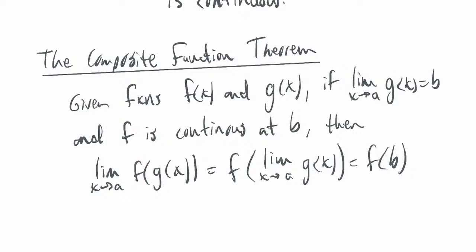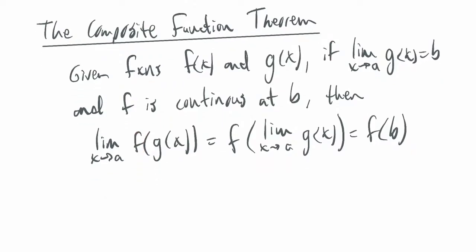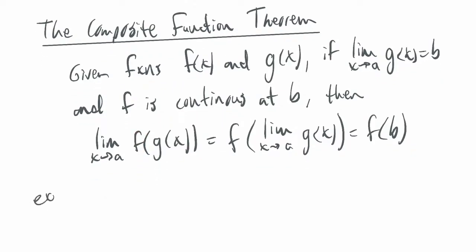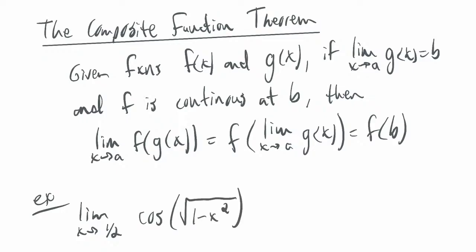Let's say we have the limit as x goes to 1/2 of cosine of the square root of 1 minus x squared.